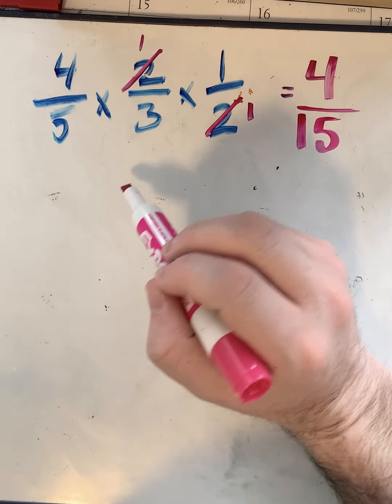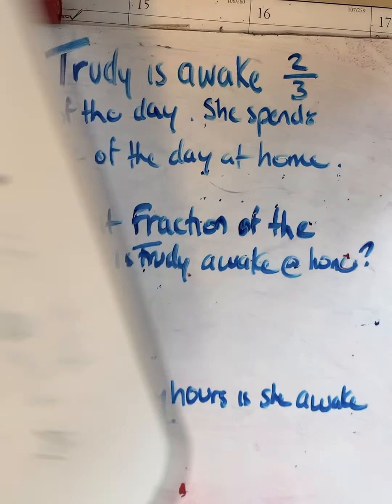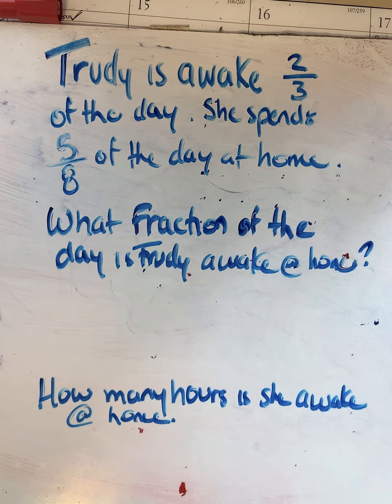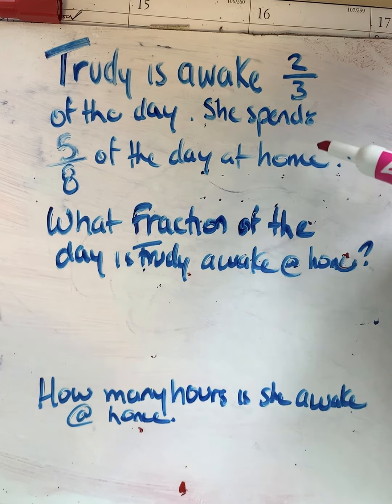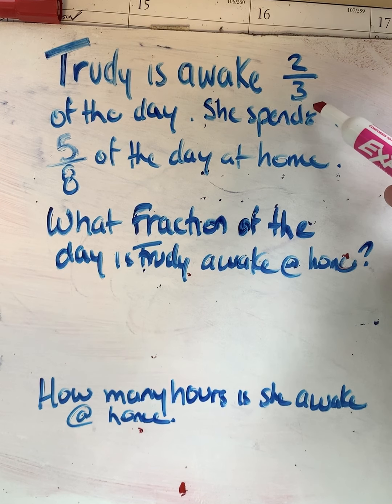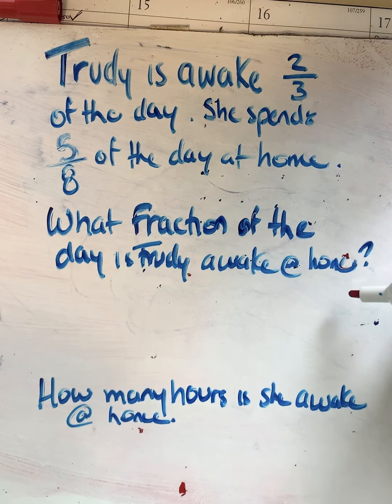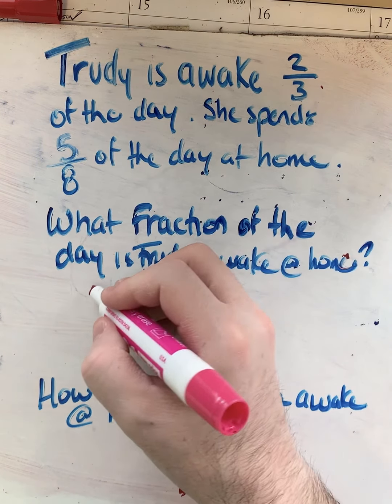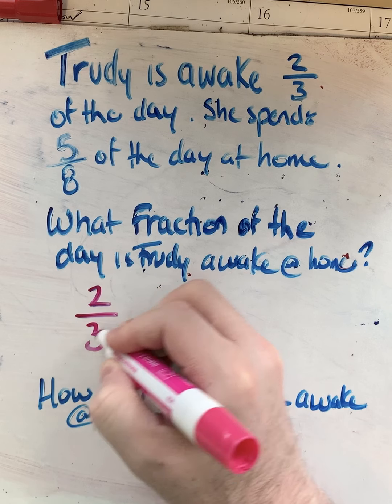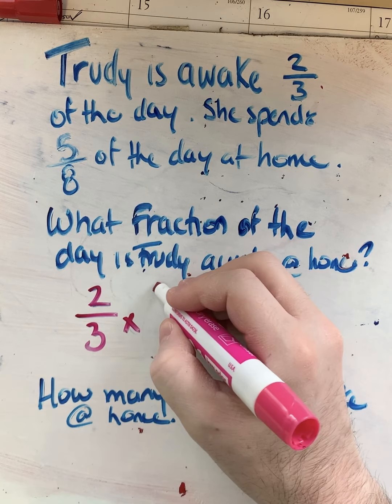The 2 thinking questions that we're going to do, that will be seen in these kinds of situations, are something like this. So Trudy's awake for 2/3 of the day. She spends 5/8 of the day at home. This is obviously pre-quarantine. What fraction of the day is Trudy awake and at home? So for that, we're going to take our 2 fractions: 2/3, and multiply it by 5/8.